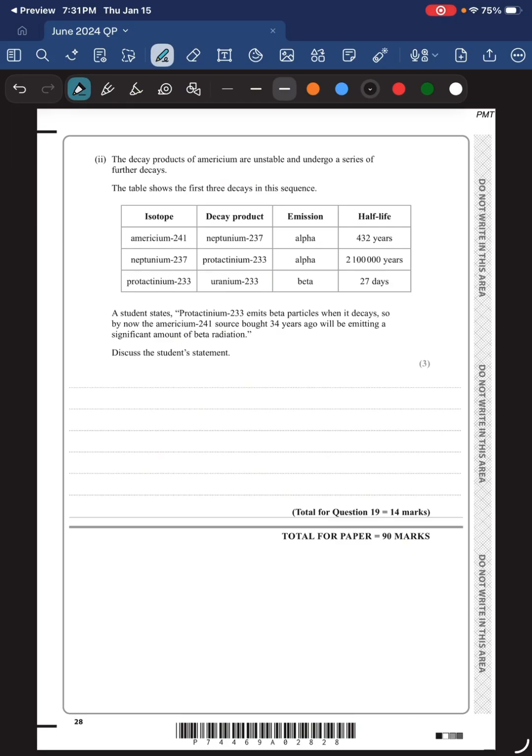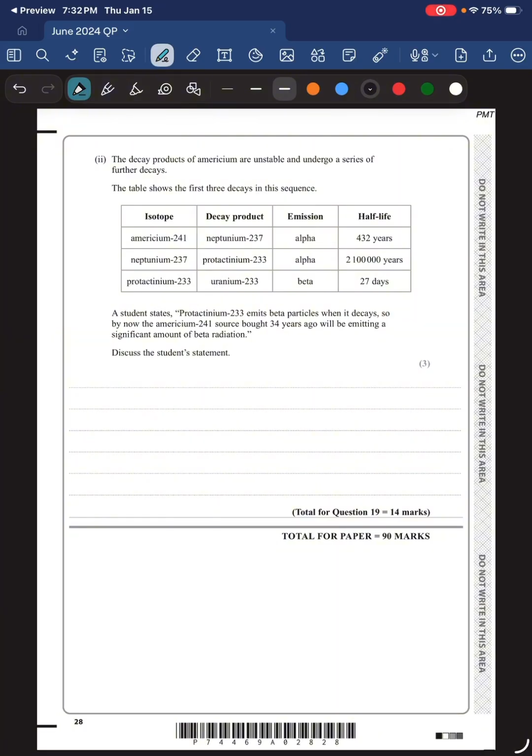So you have americium going into neptunium-237 in 432 years, then neptunium-237 going into protactinium-233 in 2,100,000 years, and protactinium going into uranium-233 in 27 days. A student states, protactinium-233 emits beta particles when it decays, so by now the americium-241 source bought 34 years ago will be emitting a significant amount of beta radiation.